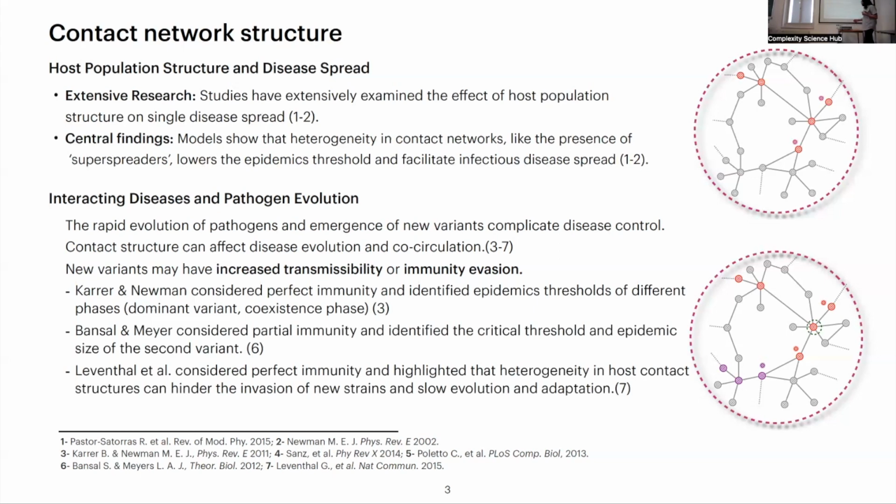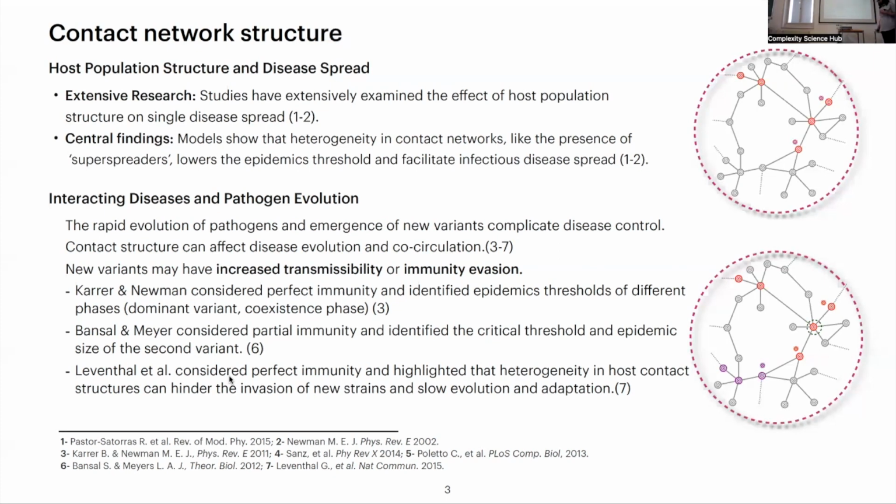The evolution and emergence of a new variant has also been studied. In another study, the co-authors indicate that heterogeneity in the contact network can lower the speed of evolution and adaptation of a new variant.